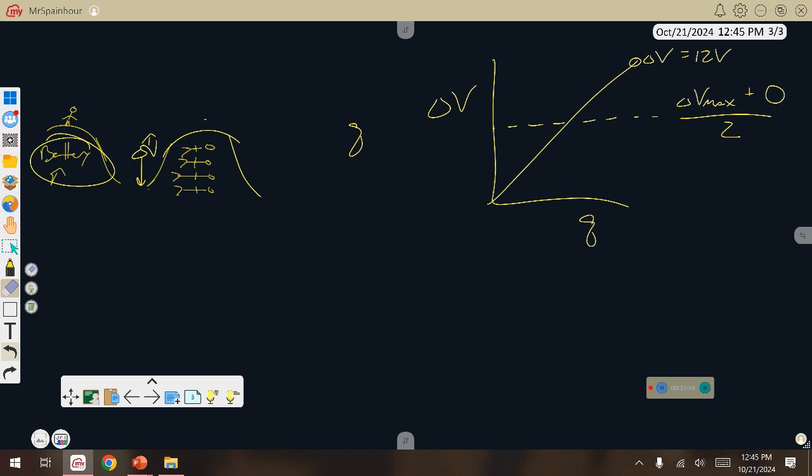Everybody cool with this? So if I wanted to know how much energy I would get out of a capacitor, that would be Q, the total amount of charge stored on the hill, times delta V over 2. Or the energy stored in a capacitor is 1/2 Q delta V.